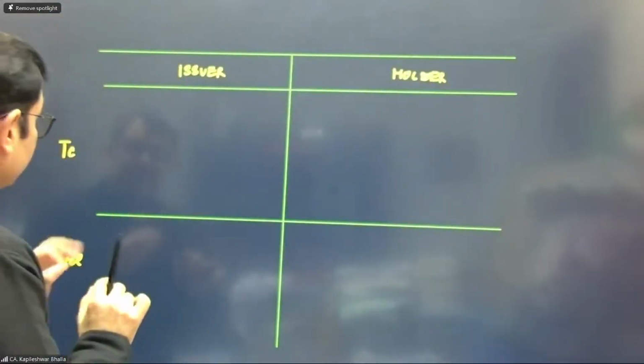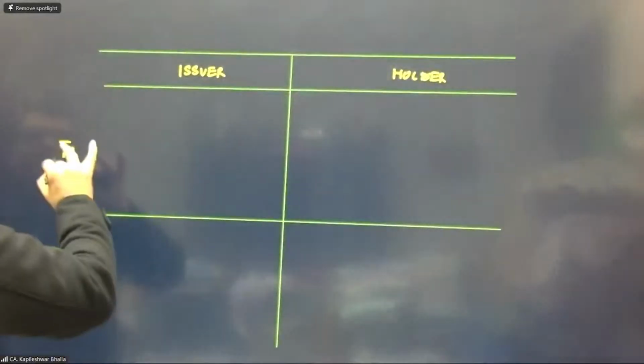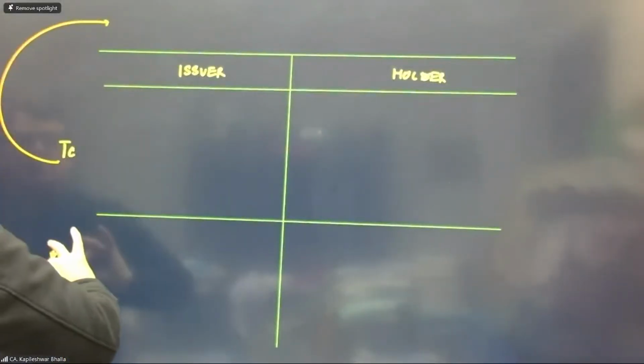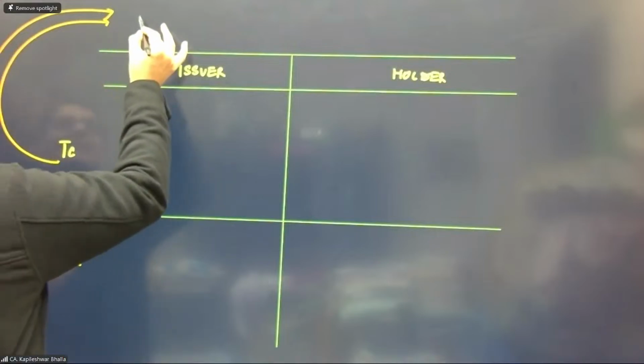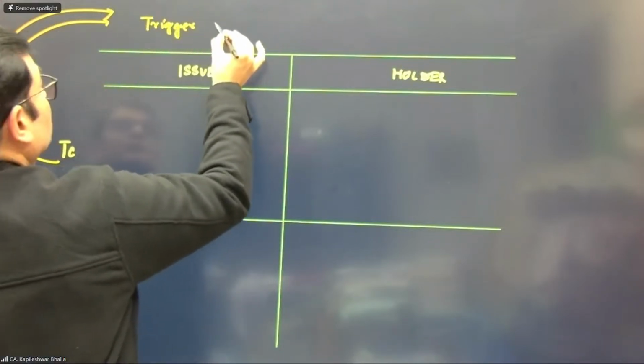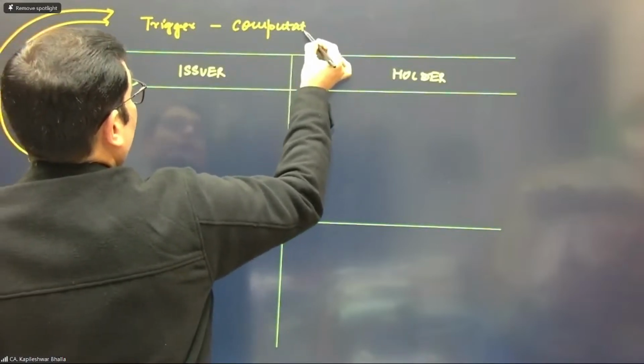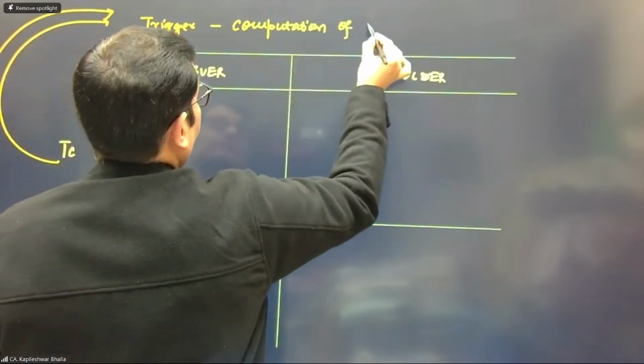So what is to be kept in mind is, number one, when you see a TC or a processing fee, the immediate thought which should come to your mind is that it should trigger the computation of EIR immediately.